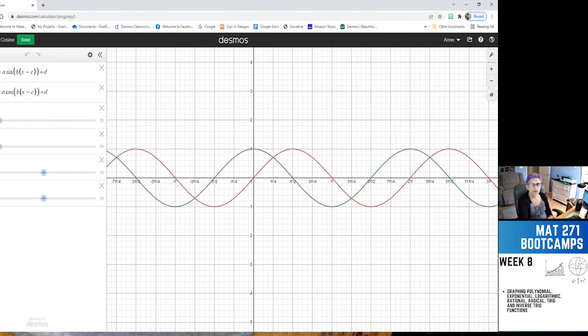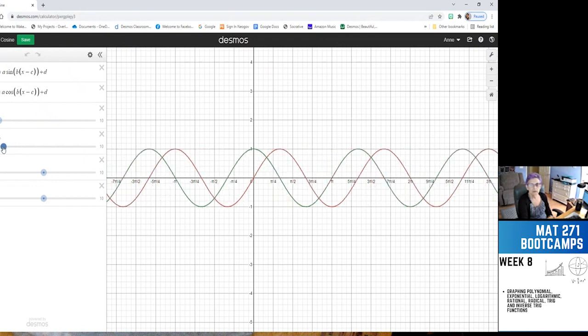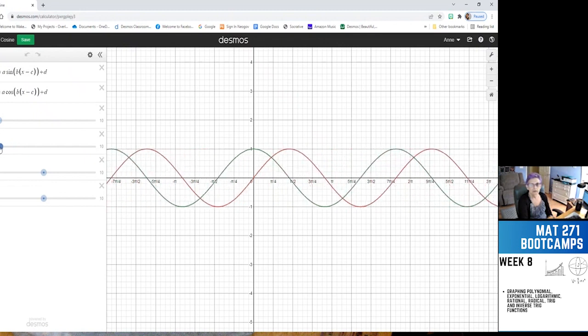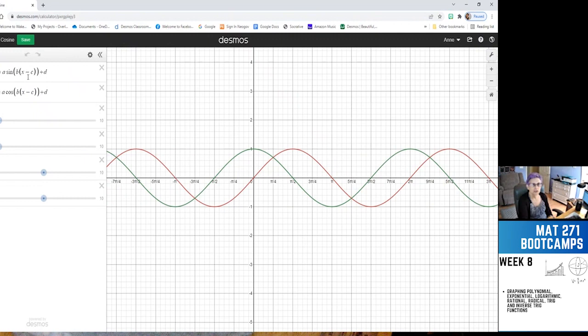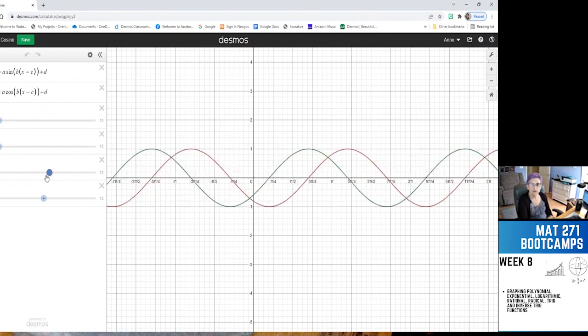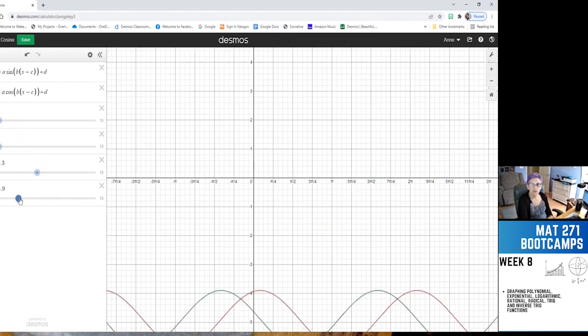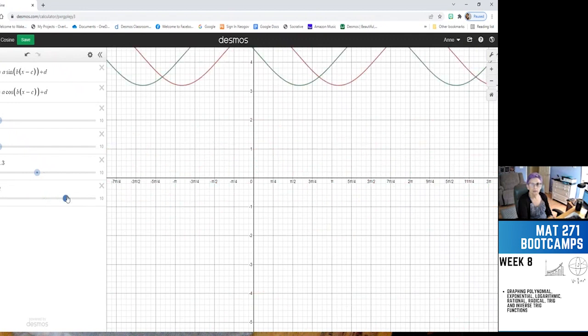If we change B, which lives inside the parentheses, that changes the period. If we change C, which is inside the parentheses but next to the X, that's going to shift them left and right. And if we change the D, that's going to shift them up and down.